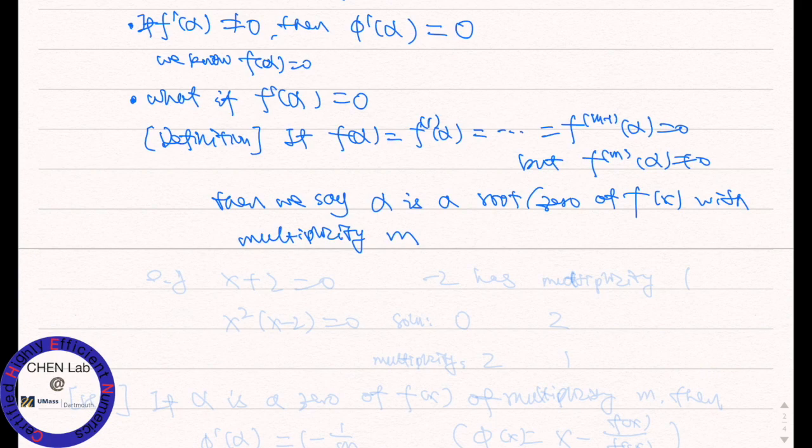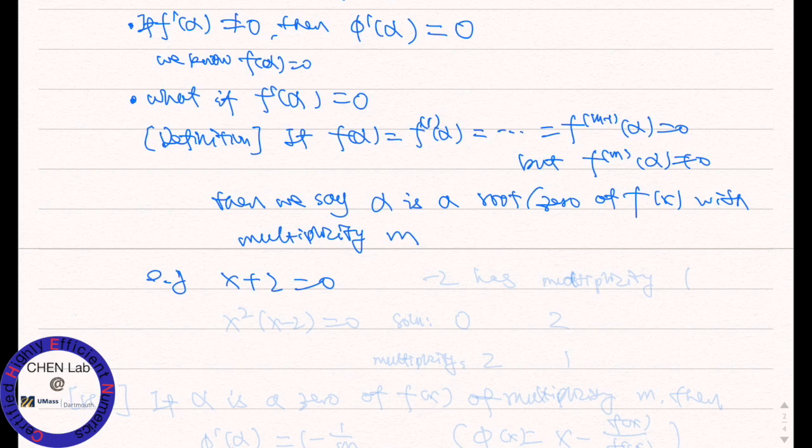For example, if you want to solve x plus 2 equal to 0, certainly the root is minus 2. If you plug in minus 2, f equals 0, and the derivative is 1, it's not 0 anymore. So the multiplicity is 1.